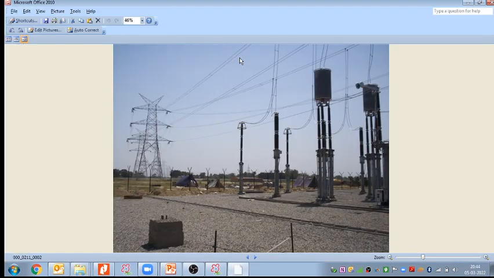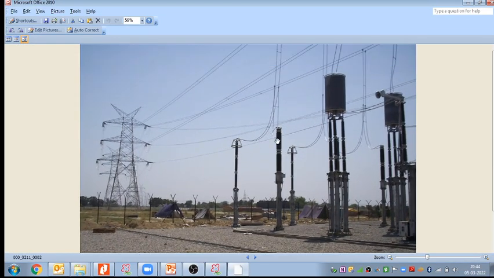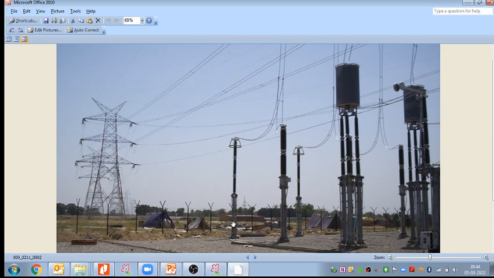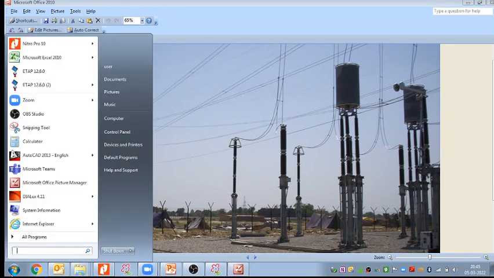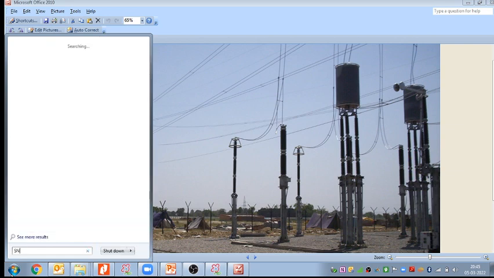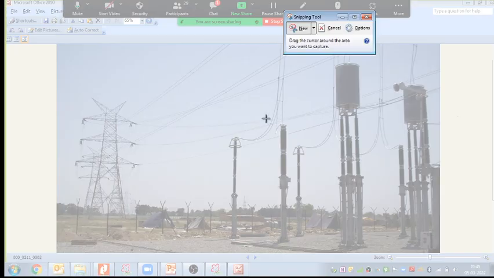After the surge arrestor, the next equipment we use in a substation, seen from the incomer transmission line, is the first equipment we call the surge arrestor or lightning arrestor, and the next equipment after it we call the capacitive voltage transformer, CVT.